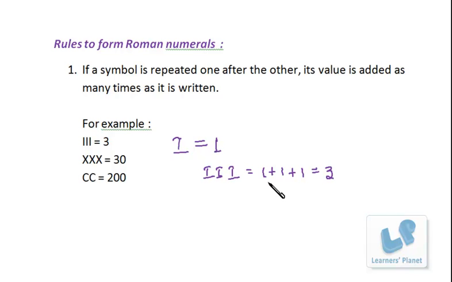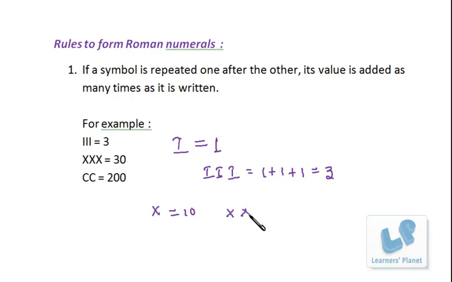That means if a symbol is repeated one after the other, its value is added as many times as it is written. Here we see the 3 I's and each I represents 1. So we are having 3 I's and 3 ones, that is 1 plus 1 plus 1, 3. Similarly, we are having 3 X's over here. The value of 1 X is 10.